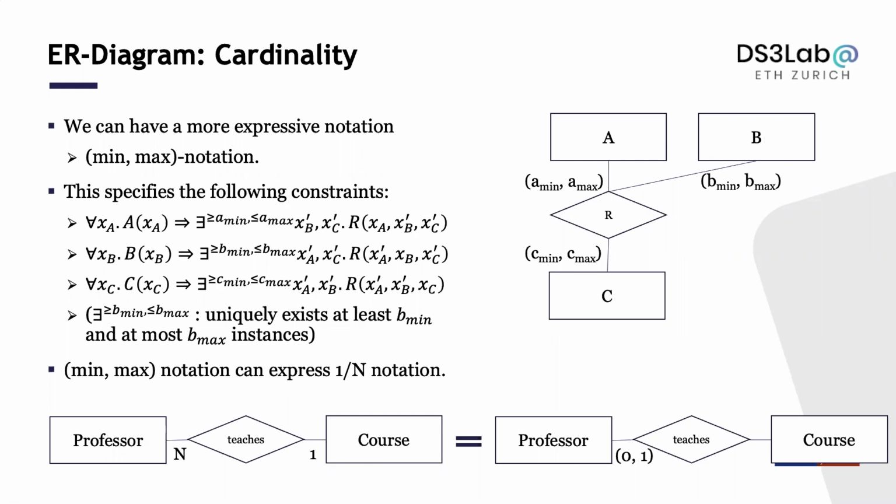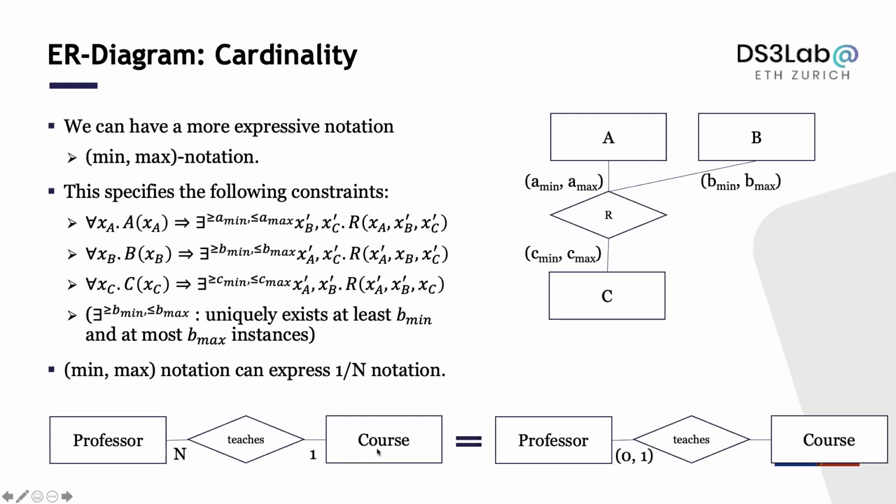Oh yeah. Okay. That's a very good question. So if you have something that looks like this, a professor doesn't need to participate in a relationship. It means that for any professor who participates, you need to be able to uniquely identify the course.